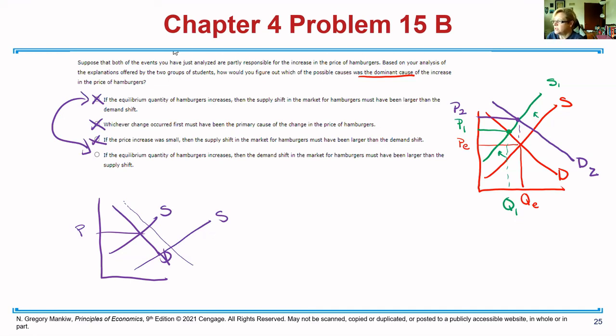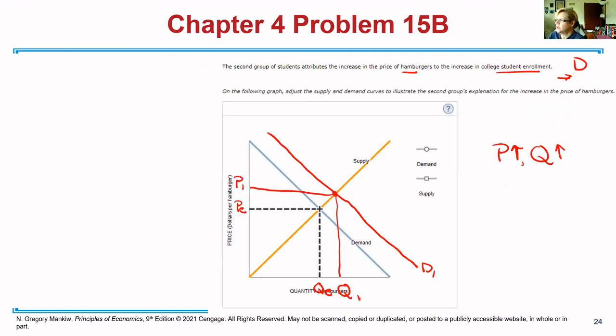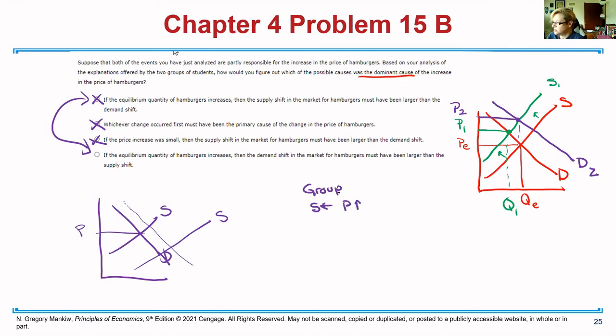In the first instance, we had group 1 believing that it was supply. So supply decreased, supply shifted inward, price went up, and what happened in group 1? Let's go back and take a look. The quantity decreased.